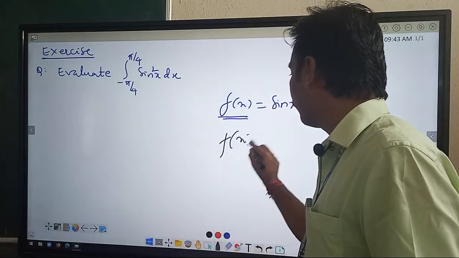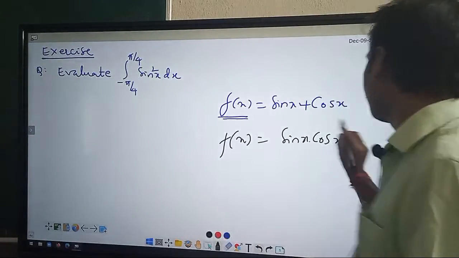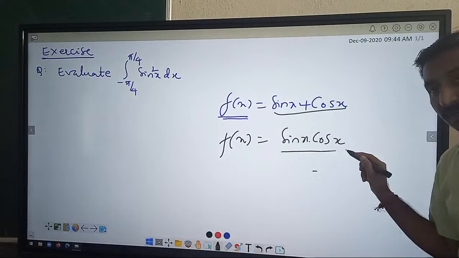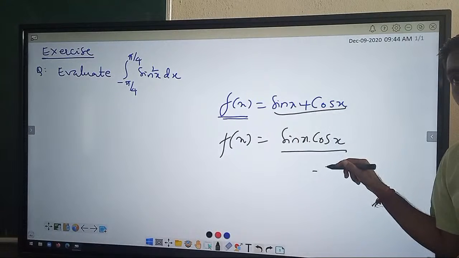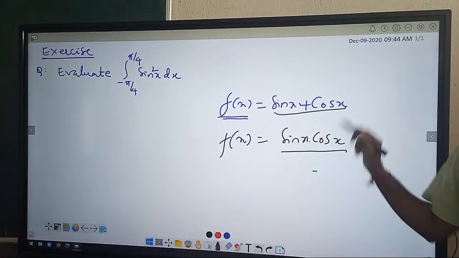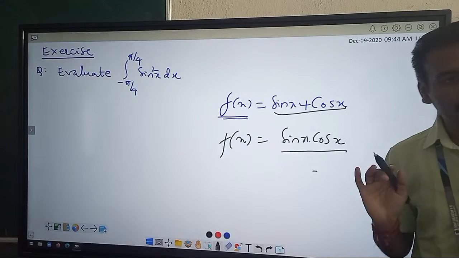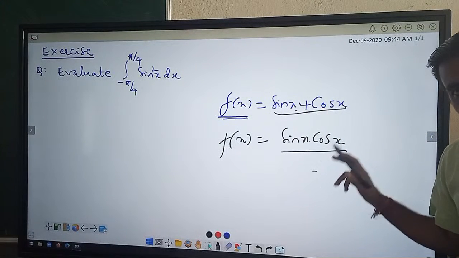If I have f of x equal to sin x into cos x, here it is addition, here it is multiplication, or else it may be subtraction or division. The rule I am telling you to remember everywhere: addition, subtraction, multiplication, division.